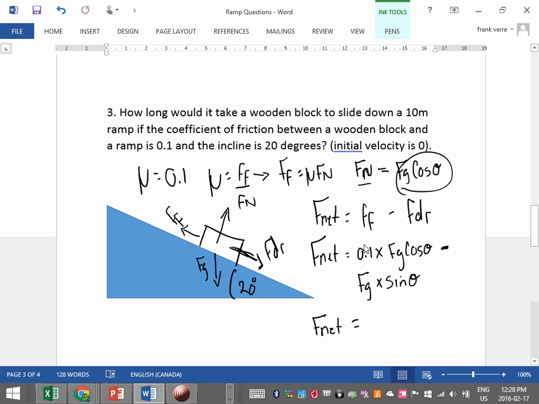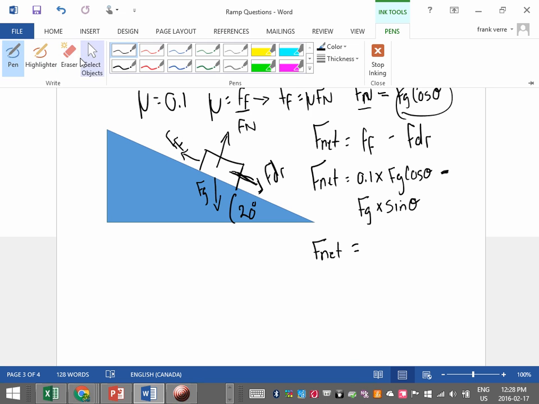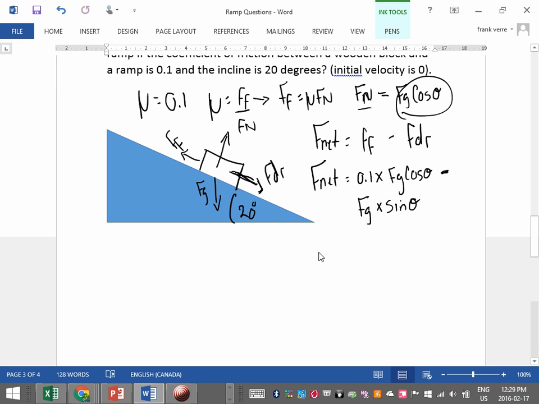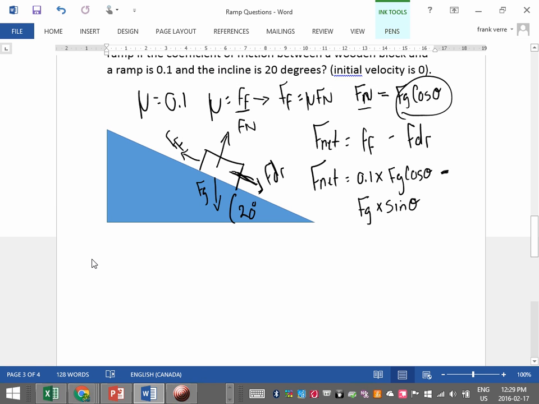So, 0.1 times Fg. Fg is m times g, right? So we're going to have, actually let me give myself a bit more room here. Let's slide this over here. Okay, so let's do this. So the net force is equal to 0.1 times Fg. Now we don't know what the mass is, but we do know what g is, right?